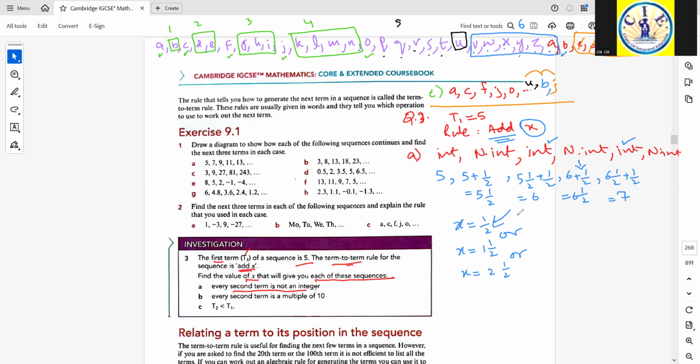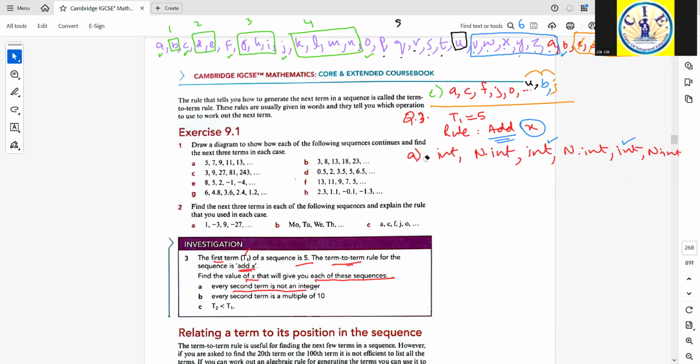After this, it's part B now, which states that every second term is a multiple of 10. Every second term. That means alternate terms should be a multiple of 10.